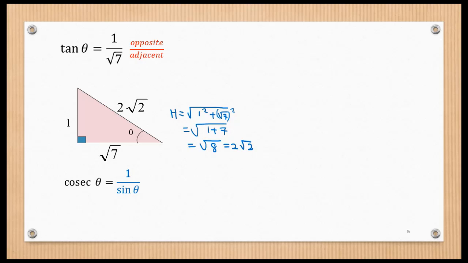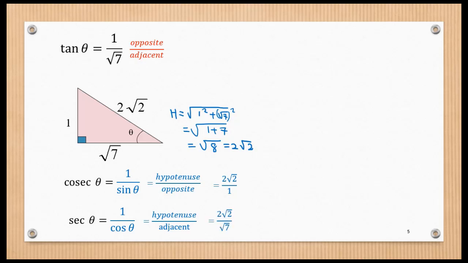Therefore, cosecant theta is equivalent to 1 over sine theta, which is hypotenuse over opposite. We have the value of 2 root 2 over 1. Secant theta is equivalent to 1 over cosine theta, which is hypotenuse over adjacent. We will have 2 root 2 over root 7.